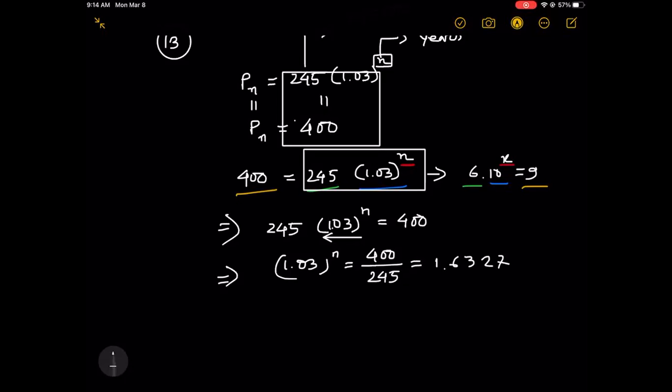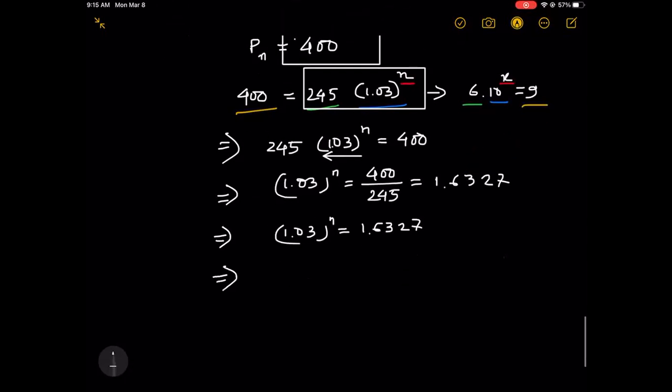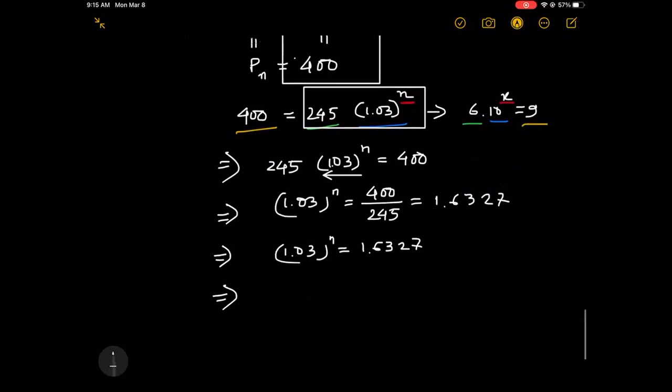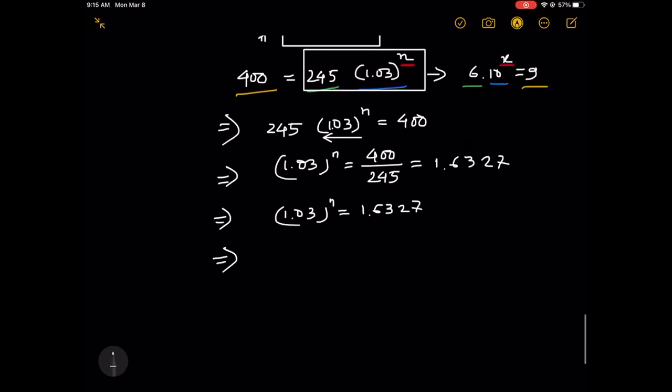Now we have 1.03 to the n equals 1.6327. Now what should we do? What's next? Anyone? Log both sides. Very good. So let's take log on both sides.